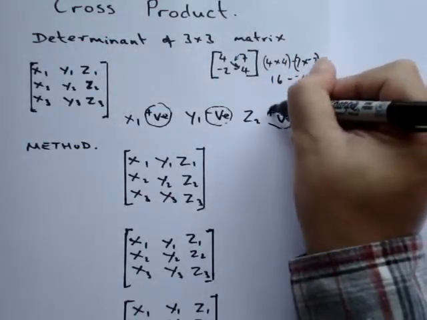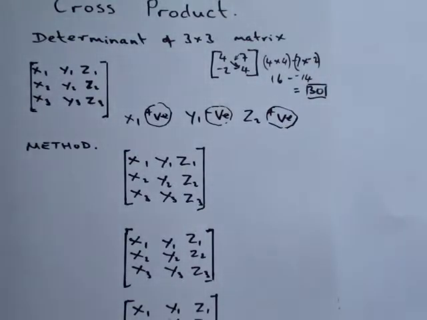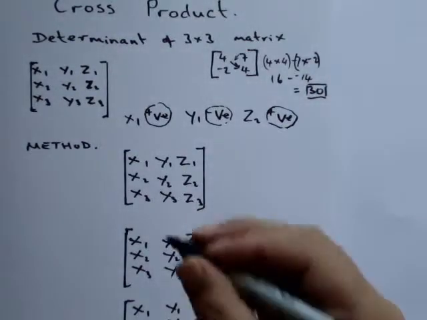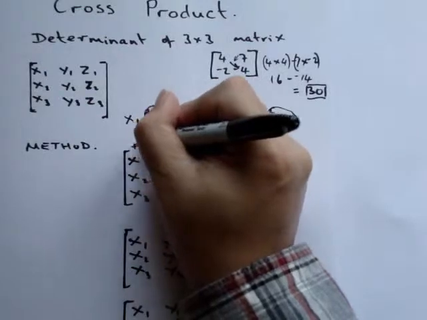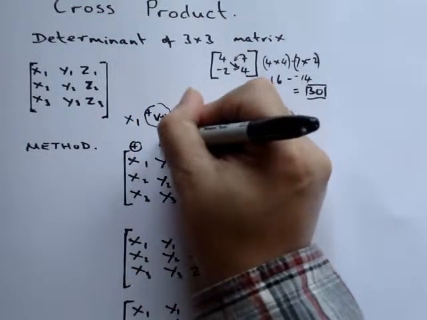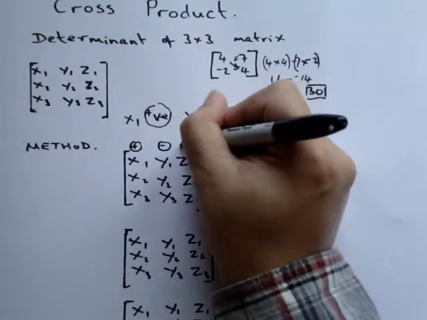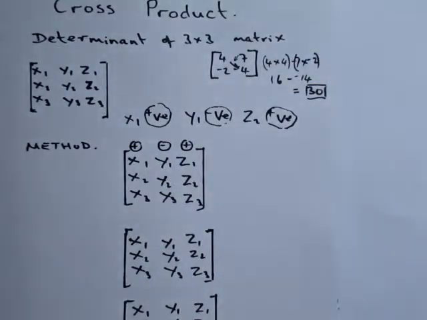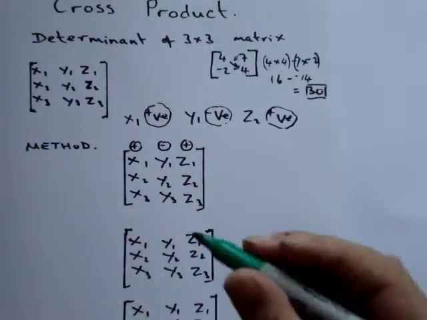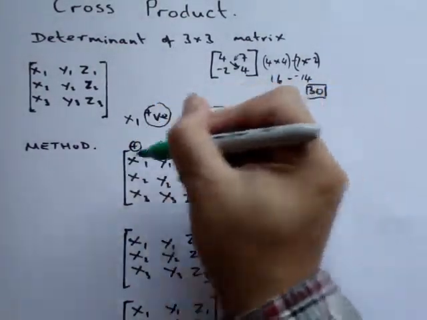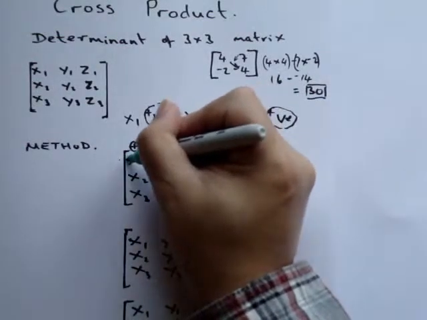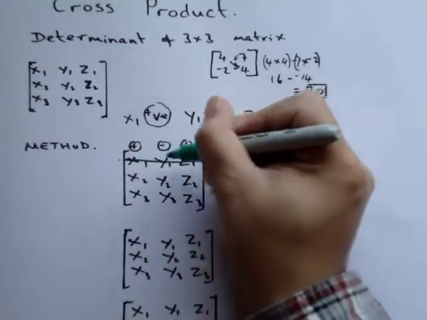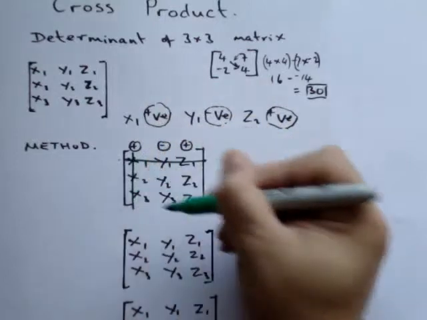And then we do our determinant calculation using that. So this one becomes positive, negative, positive. Then for our first calculation, we draw a line through x1 and down.